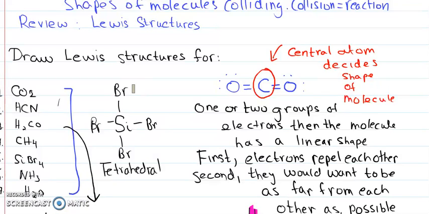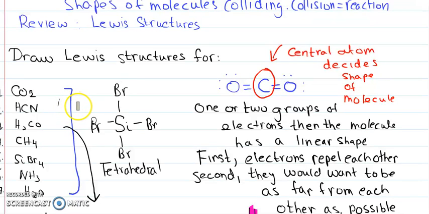There are some rules which you can use upon those Lewis dot structures to determine the shapes of the molecules. So these are the seven molecules that I asked students to draw Lewis dot structures of.